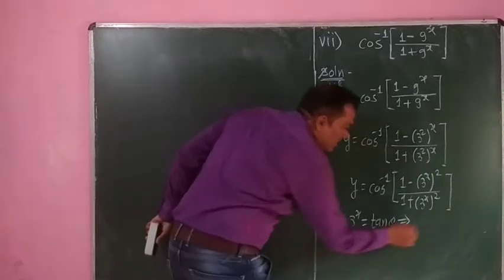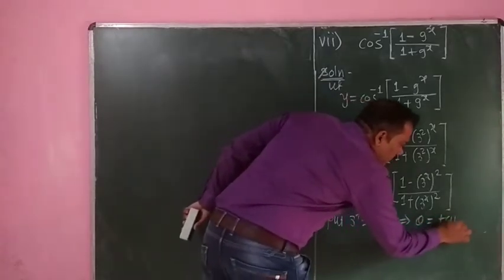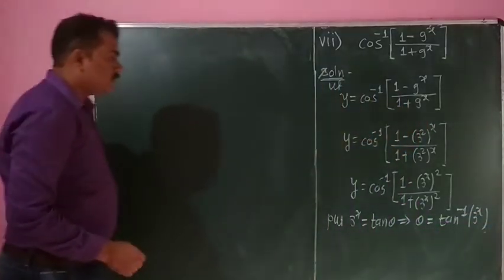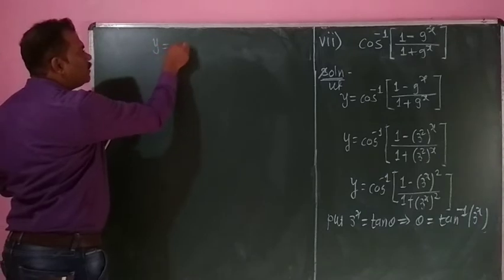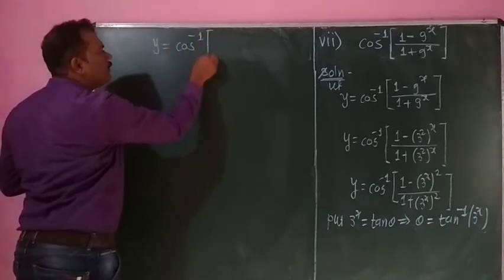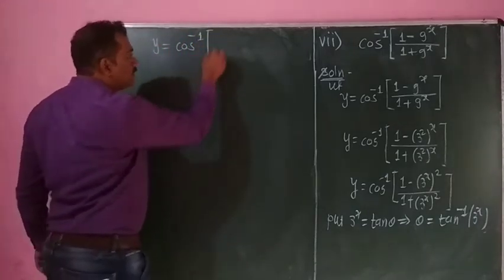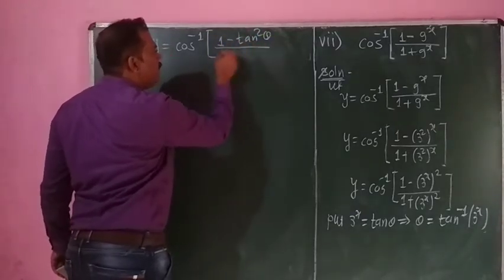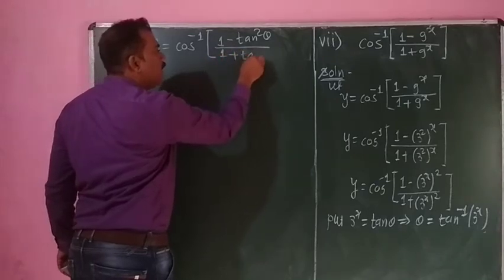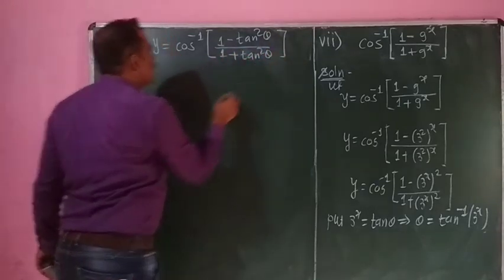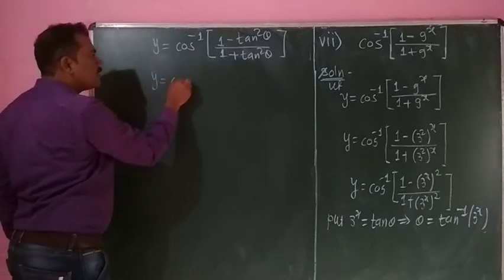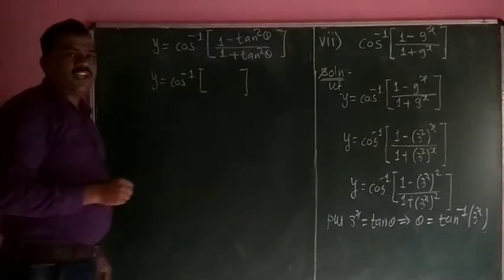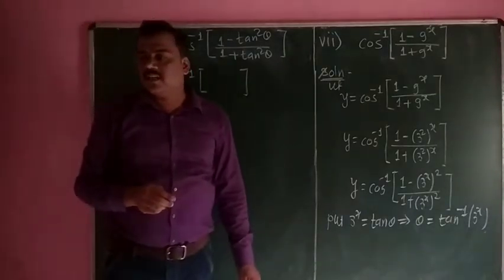This implies that theta is equal to tan inverse of 3 raised to x. So that we get y is equal to cos inverse of 1 minus tan square theta divided by 1 plus tan square theta.